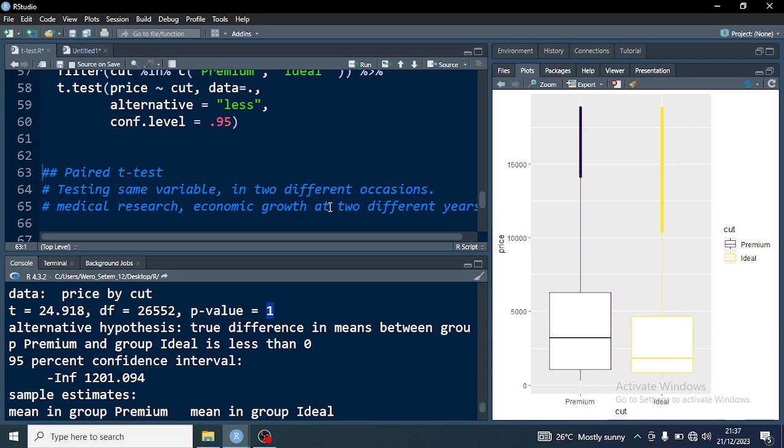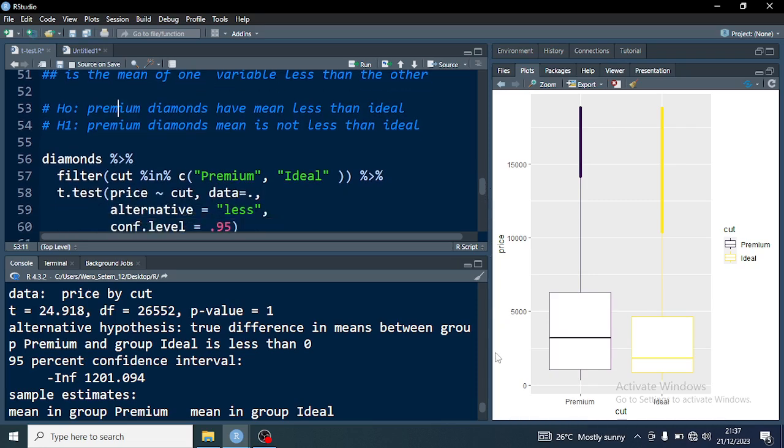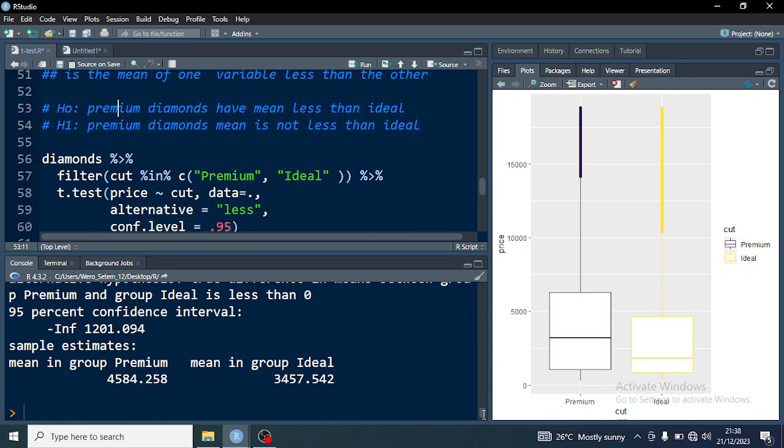It means that we fail to reject the null hypothesis. We fail to reject this null hypothesis and conclude that premium diamonds have a mean less than ideal.